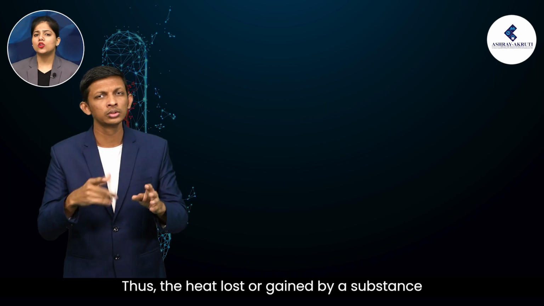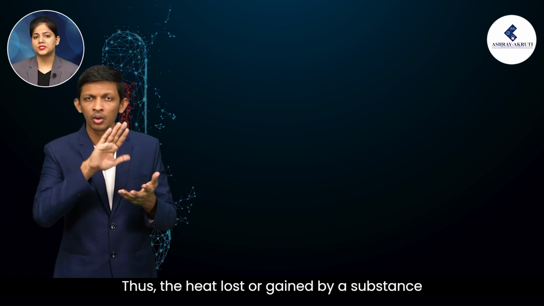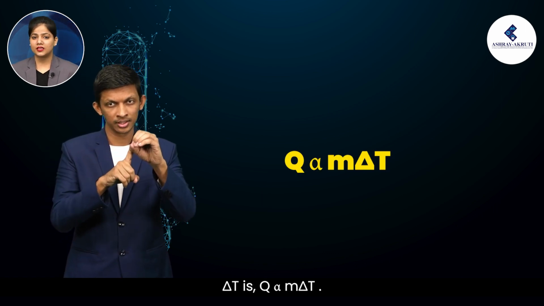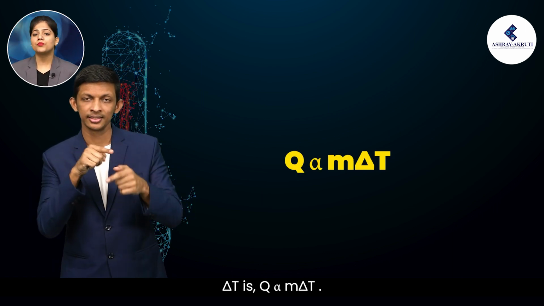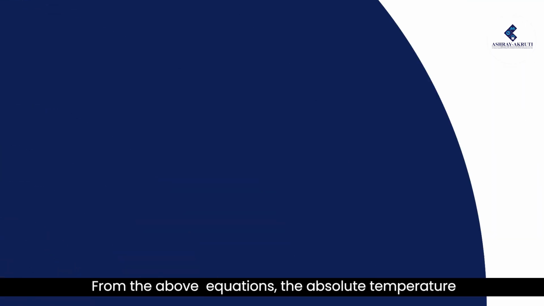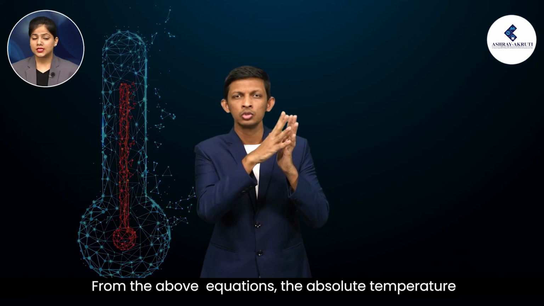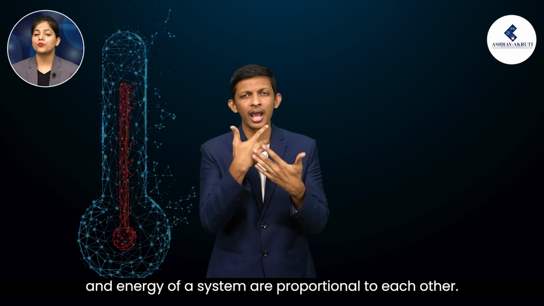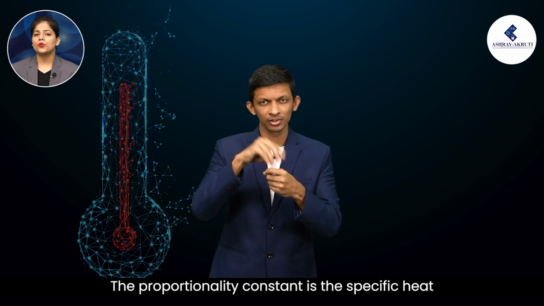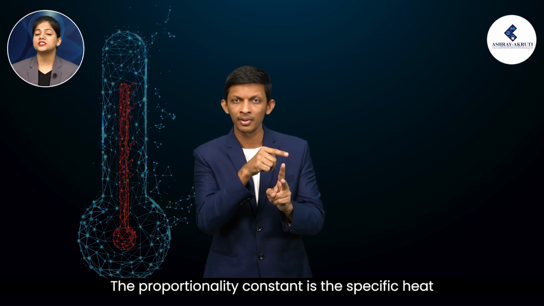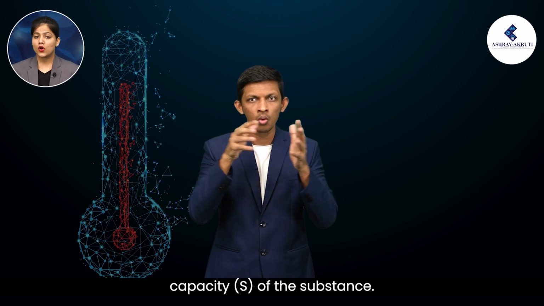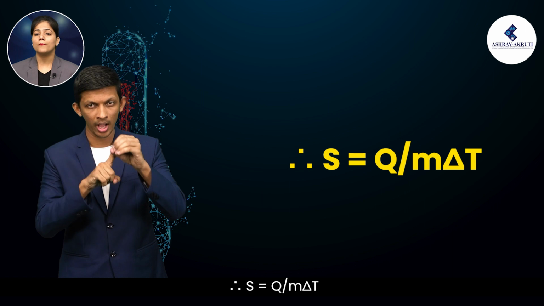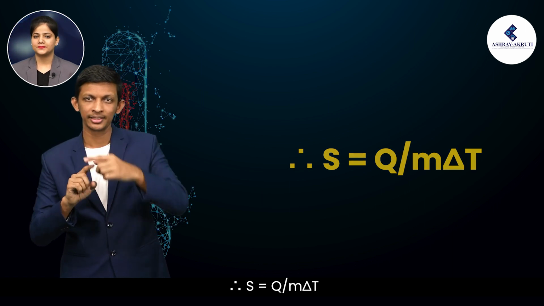Thus, the heat lost or gained by a substance when its temperature changes by delta T is Q directly proportional to M delta T. The proportionality constant is the specific heat capacity S of the substance. Therefore, S is equal to Q by M delta T.